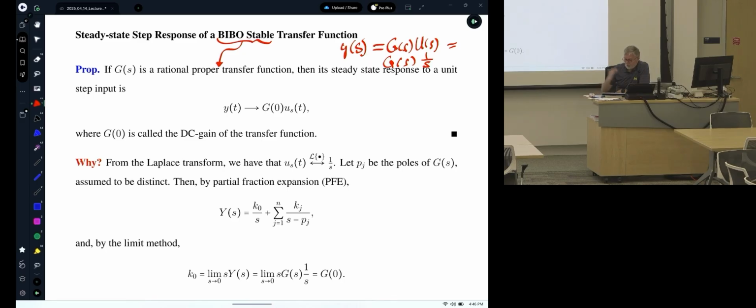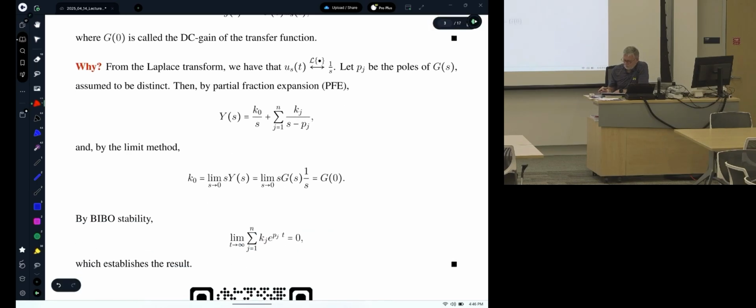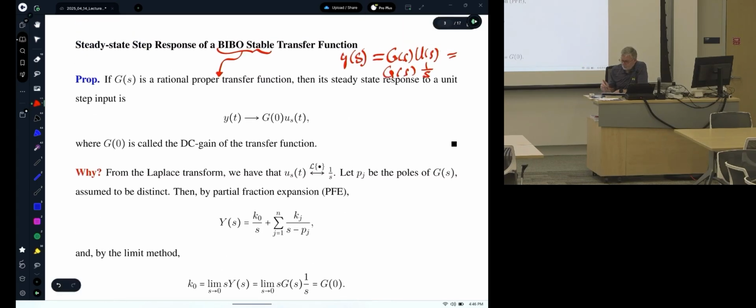Okay? Now, it turns out you don't have to do the entire inverse Laplace transform to compute the steady state value of y. And the reason for that is, well, suppose G has a bunch of poles here.